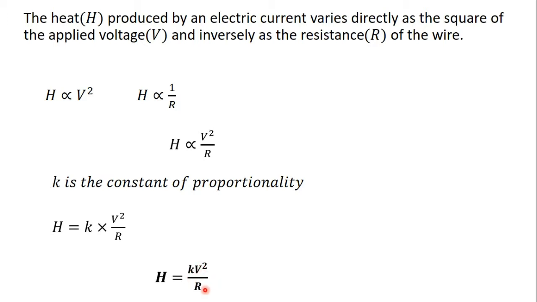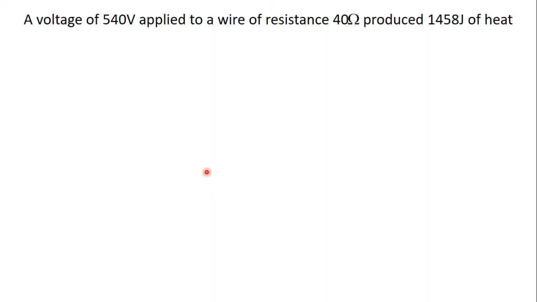The first part of the question said we should find an equation or expression connecting H, V, and R. So that means that we need to find the value of K. How do we do that? We were told in the question that a voltage of 540 volts applied to a wire of resistance 40 ohms produces 1458 joules of heat.